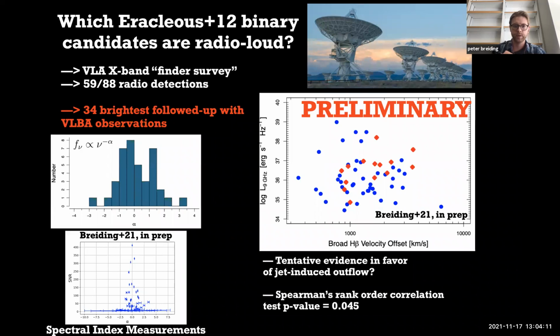Those VLA observations are all to the same flux limit. The VLBA observations are just of the brightest objects because it's prohibitive to go lower. Once you get to those lower flux densities, you're getting to prohibitively long integration times of the VLBA.